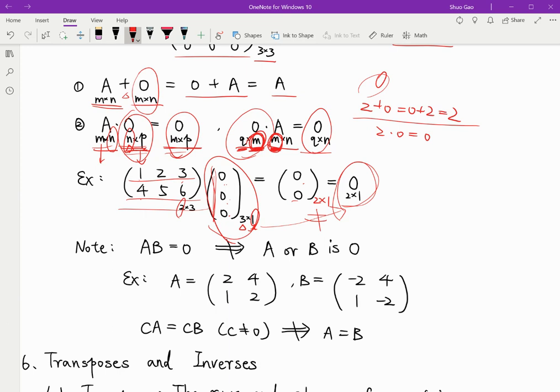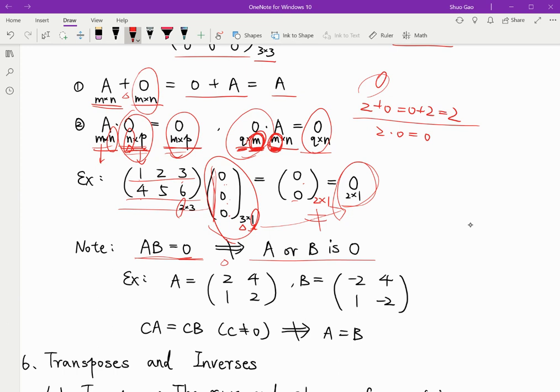Right. And we have some notes. First, A times B is 0. If A times B equals 0, then it doesn't necessarily mean that A or B is the null matrix.